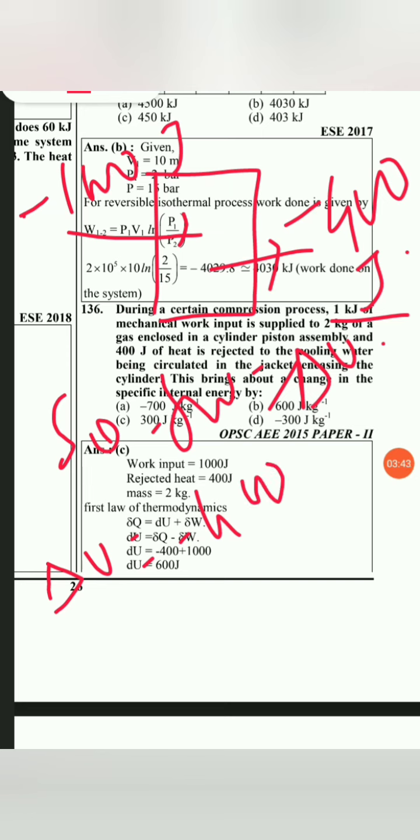So again it is negative because it is rejected from the system. So delta Q minus delta W will be equal to delta U. The internal energy change will be equal to delta Q, how much? It is minus 400. So minus becomes plus 1000, so it comes out to be 600 joule.